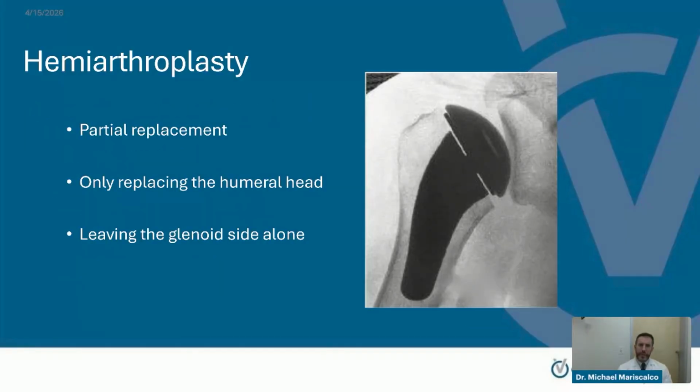So this is an X-ray picture of a partial replacement, which indicates the replacement only of the humeral head surface. And as it currently stands, it has to be used on a small stem that goes in the humeral canal. And I can actually show you a three-dimensional image of a similar stem if you want to flip this. So essentially the material goes inside the humeral canal and is typically press fit into the bone.